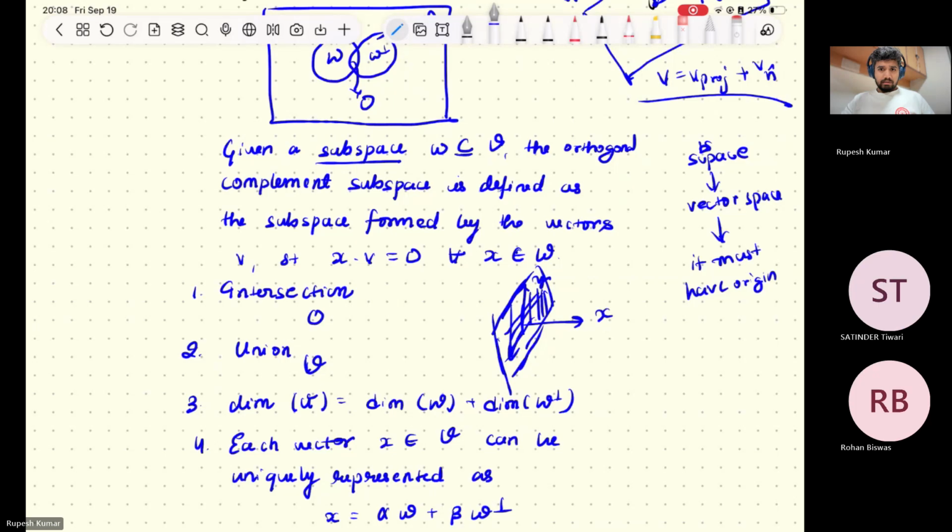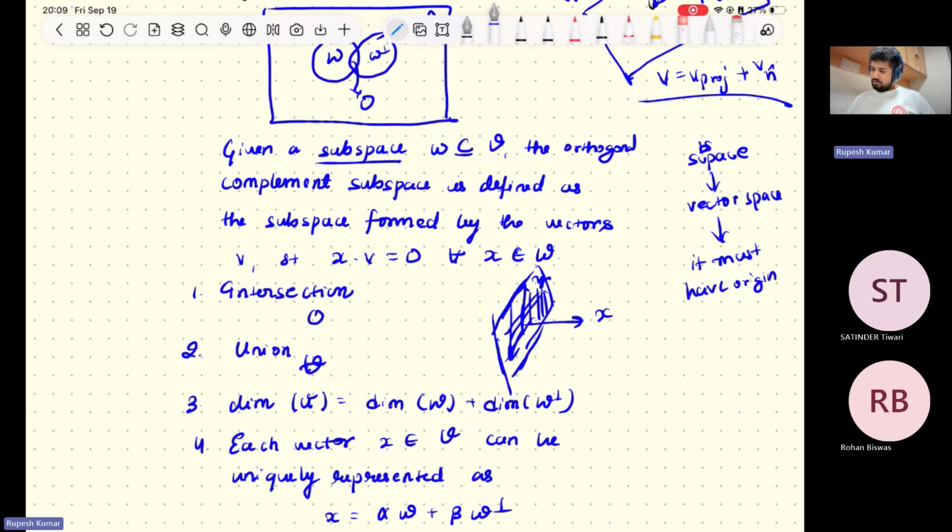Acha, this has to be a span. I don't know why, so this is wrong here. We have to remove this line.